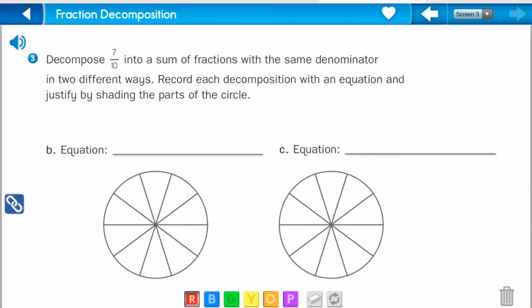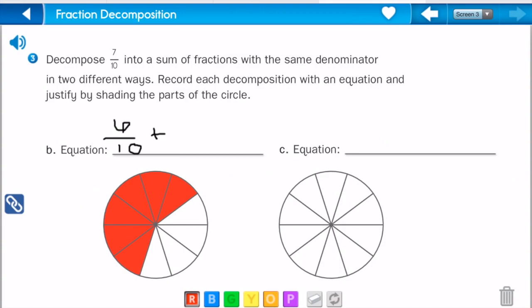Alright, this time, I'm just going to use 2 different colors to decompose it. I'm going to color in 6 pieces for my first one: 1, 2, 3, 4, 5, 6. And so I get 6/10 here. Then I'm going to do just one more piece, and I'm going to do that in blue.